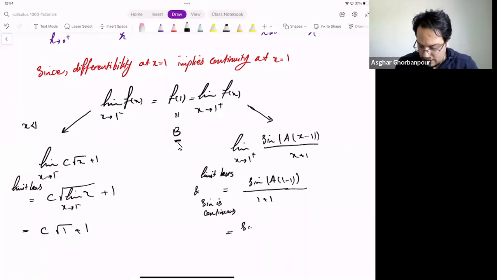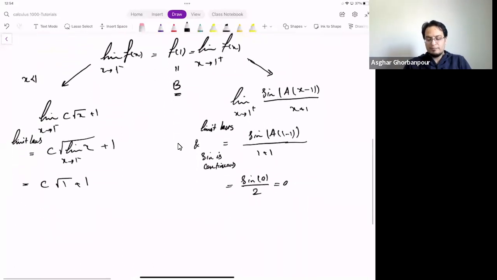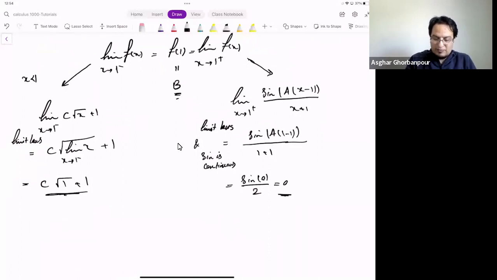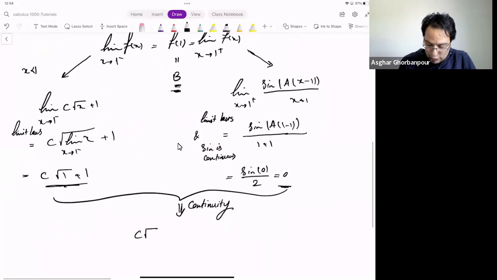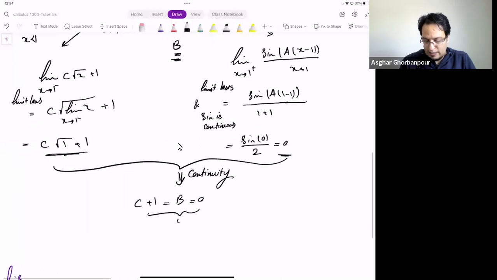That will give me sine of 0 times a, 0 over 2, which must be equal to 0. The right limit is 0. The left limit is this one. So from continuity, even stronger from differentiability, we get that c root 1 plus 1 must be equal to b, which must be equal to 0. From that, I can conclude that b must be 0 and c must be negative.